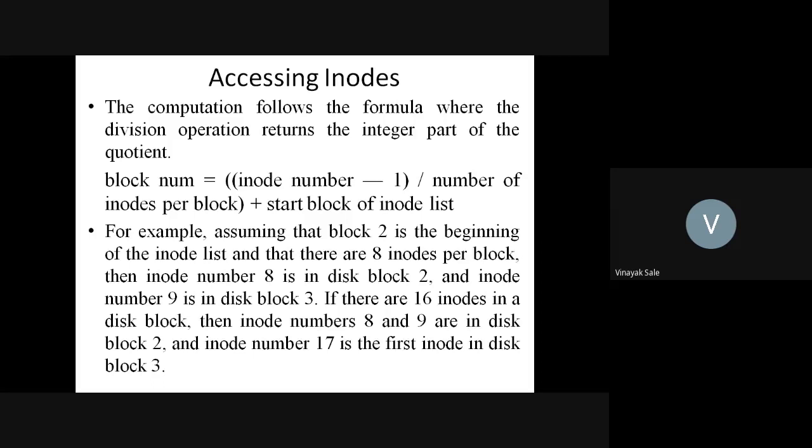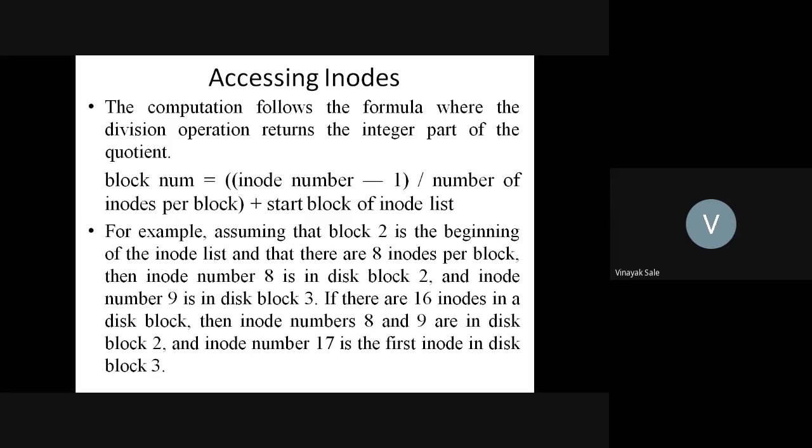For example, assuming that block 2 is the beginning of the inode list and there are 8 inodes per block, then inode number 8 is in disk block 2, and inode number 9 is in disk block 3.